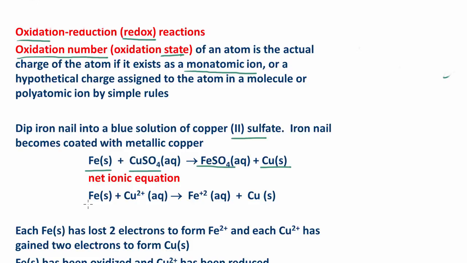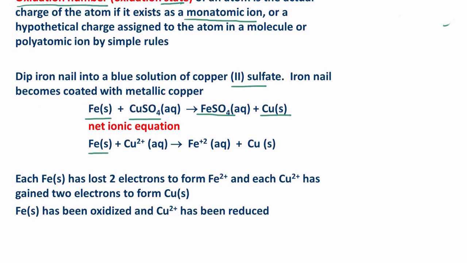So this here is our net ionic equation for that. Again, we have the copper sulfate, which is completely dissociated, and here we have the iron 2 and then the solid copper. Obviously the sulfate ion is a spectator ion. Here's what's happened.